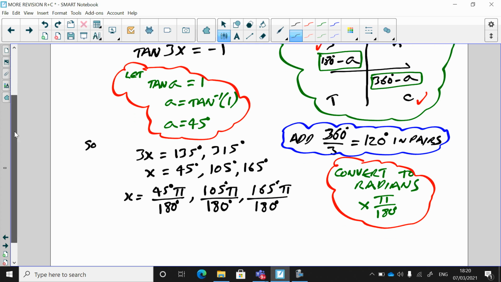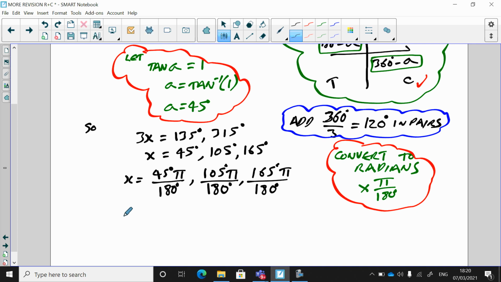So if we just fire through that, 45 over 180 gives you a quarter. So 1 pi over 4. That's going to be pi over 4. Then 105 over 180. 15 goes into both, but that's fine.